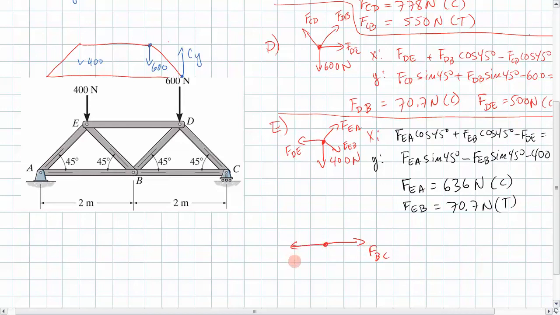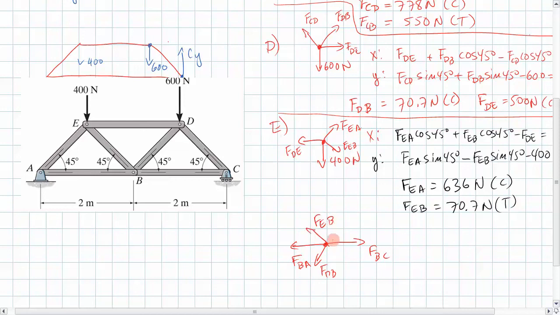Then I have FBA, that's what I want. Then FDB, and I know how it points because this one was a compression before, so it has to be a force pushing on the joint. And finally FEB, which points the other way.